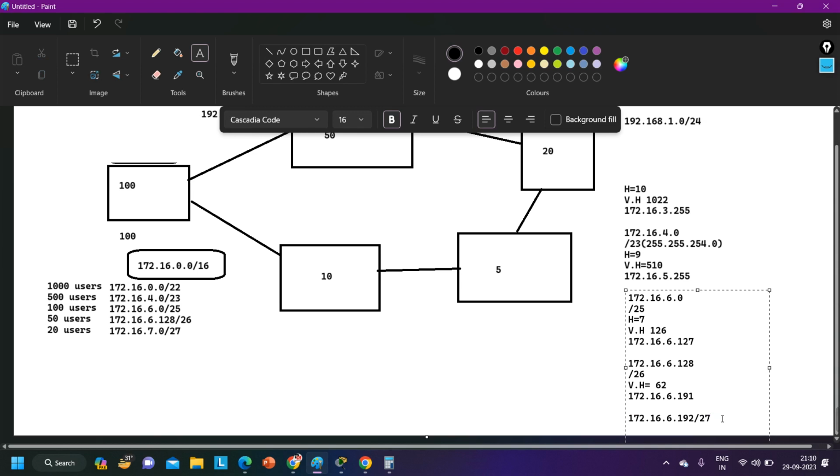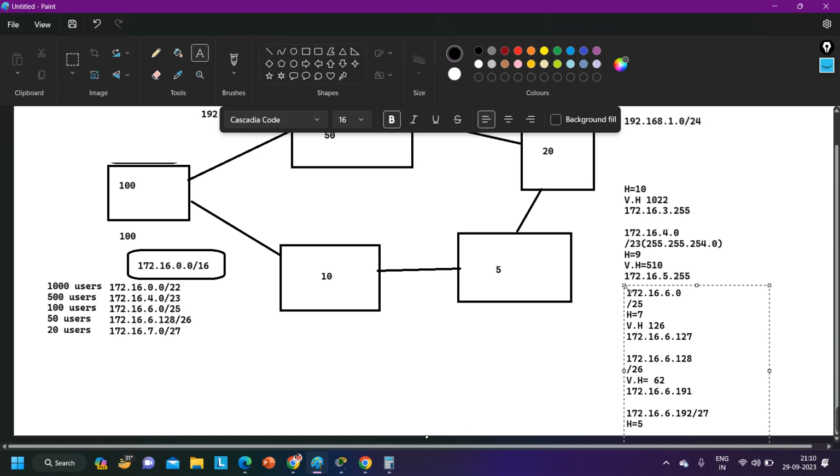How many valid hosts are there? Host bits is 5, so 30 valid hosts, and we need 20. Okay, this one is also correct, right? And the network ID will be 172.16.6.192.